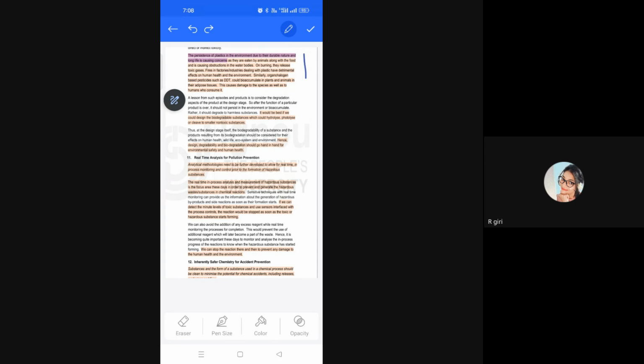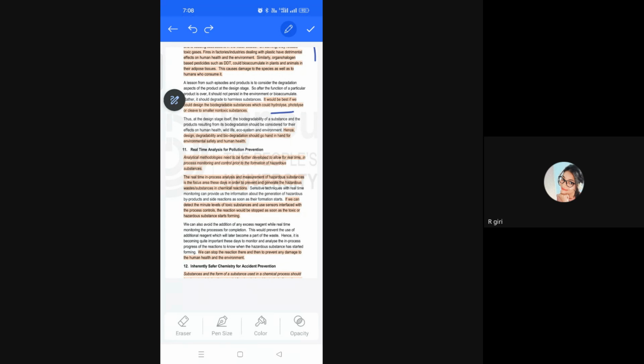Similarly, organohalogen-based pesticides such as DDT bioaccumulate in plants and animals in their adipose tissues. This causes damage to the species as well as to humans who consume them.